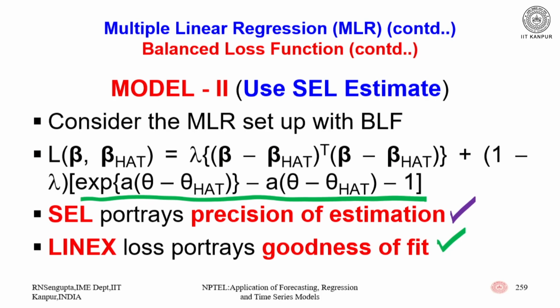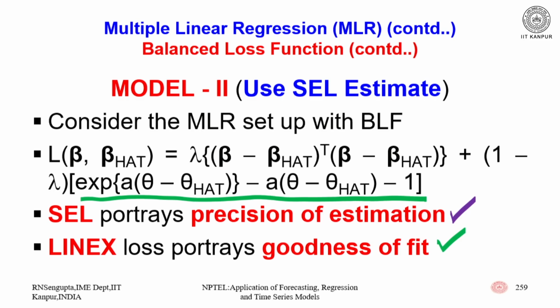The precision of estimation is basically the estimation of the part corresponding to beta, while goodness of fit is for theta, because once you know beta, then only you can find out theta, and then subsequently the y values can be found out.